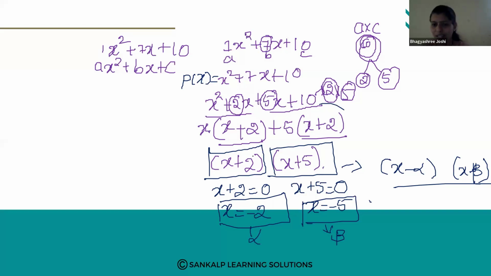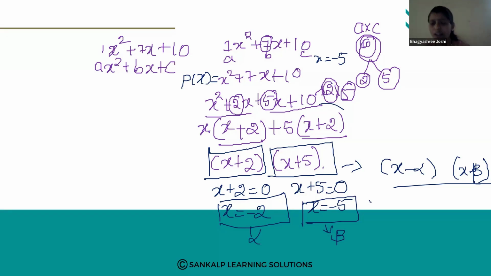So try it and see. So substitute x value as minus 2 in the polynomial, you will get 0. Substitute the value of x as minus 5 in the polynomial, that is x square plus 7x plus 10, then you will get 0. Therefore we say a quadratic polynomial has two zeros, right?